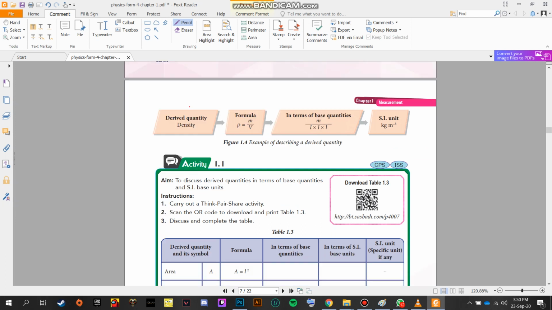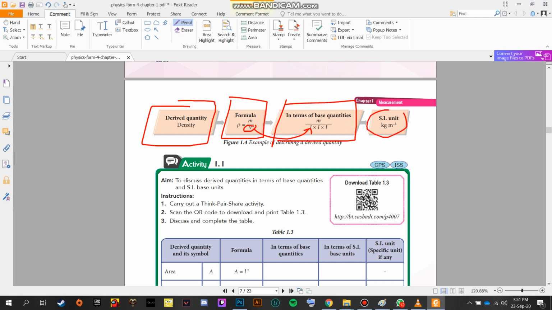Now the derived quantity, for example, density, this is the formula. Density is equal to mass per volume, and in terms of base quantities, it looks like this: mass over length times length times length, because volume is length times length times length. The SI unit for mass would be kilogram, and length times length times length would be meter cubed.